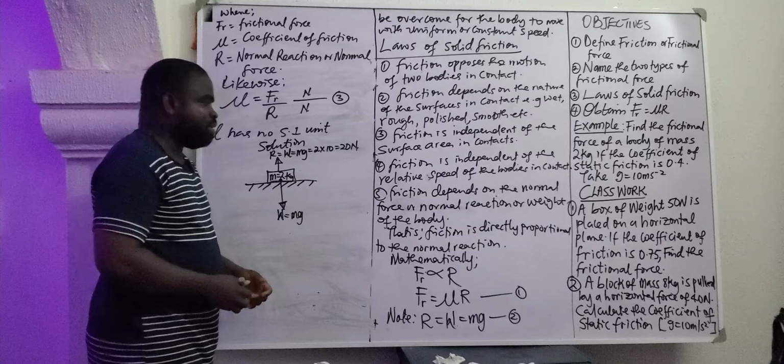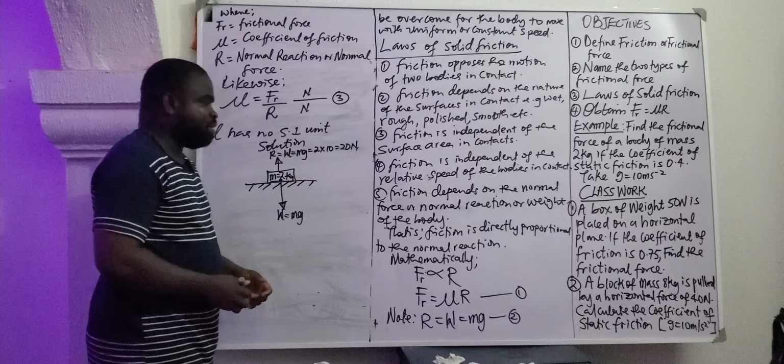Now we say, if we have two bodies, body A, body B, and these two bodies are put in contact, and then we try to move one of the bodies over the other, frictional force will exist between the two bodies.